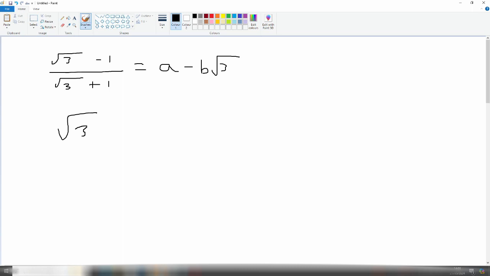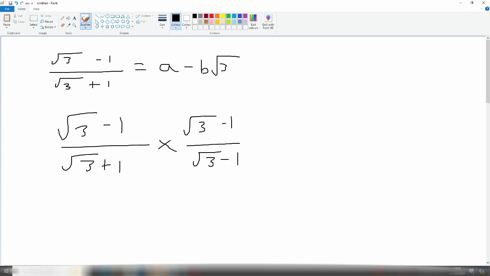So root 3 minus 1 over root 3 plus 1. And we don't like irrational denominators, so we're going to rationalize that. If we remember our difference of two squares, we can get rid of the irrational denominator simply by multiplying top and bottom by root 3 minus 1 over root 3 minus 1.